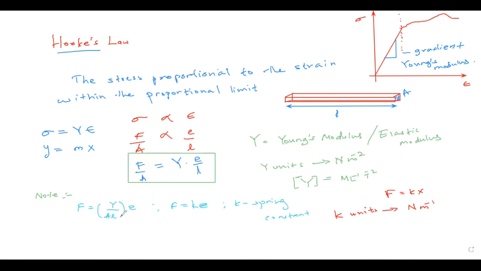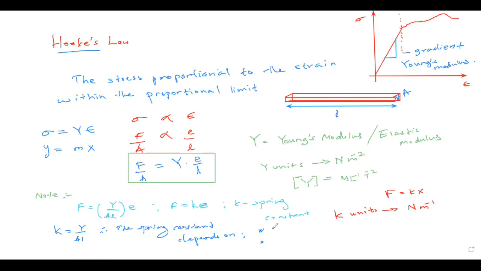Okay. So we write down F equals KE, where K equals Y A over L. Therefore, the spring constant depends on what? There are three factors, no?